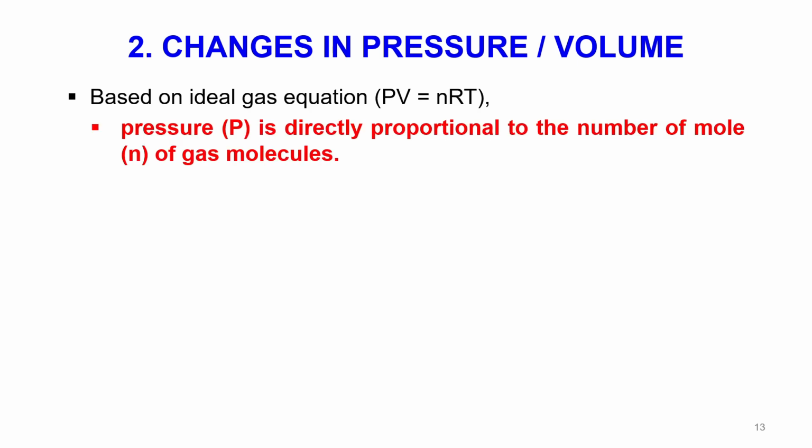Alright, next, the changes in pressure or volume. So based on the ideal gas equation, PV is equal to nRT. Okay, so the pressure is directly proportional to the number of mole of a gas molecule. Jadi P is directly proportional to n. Okay, so bila P increase, number of mole also increase.